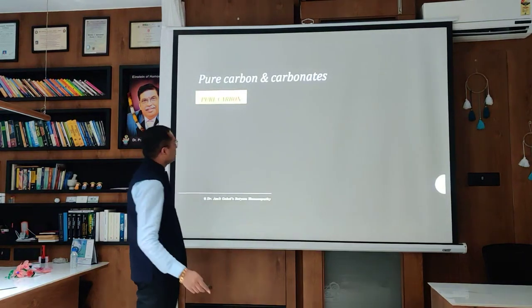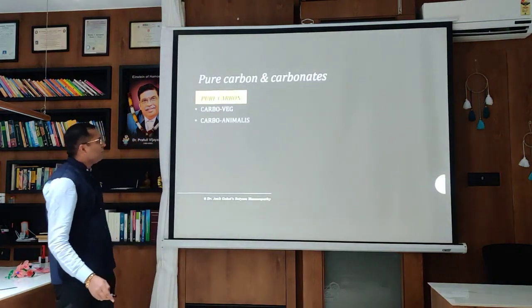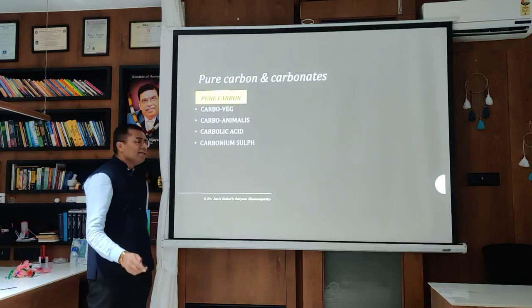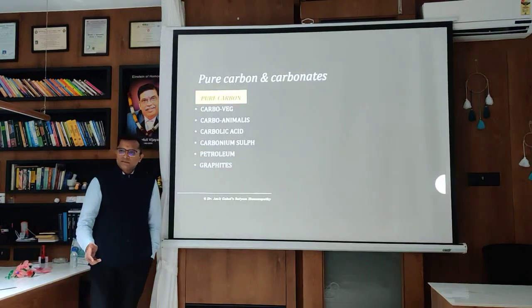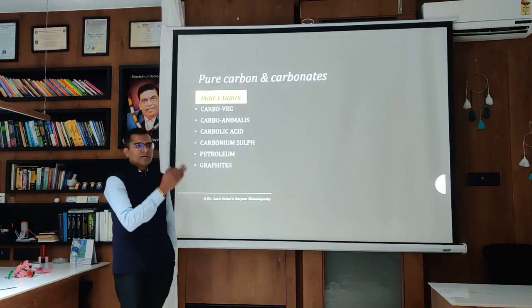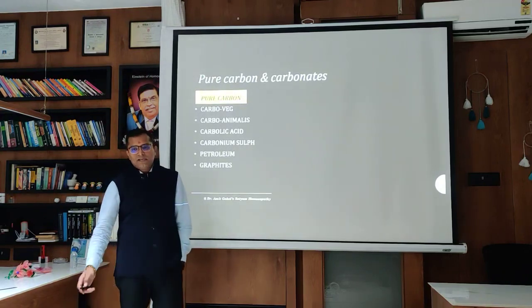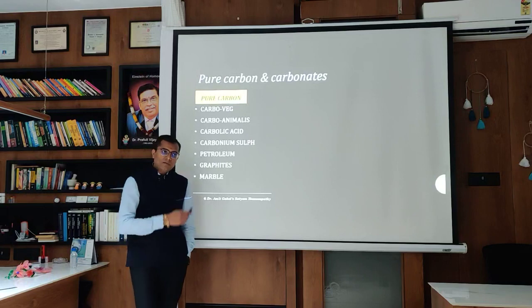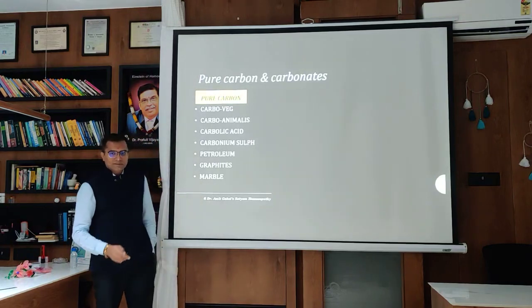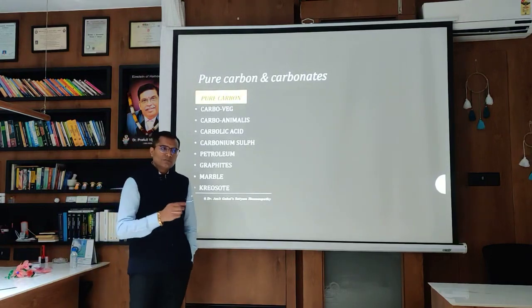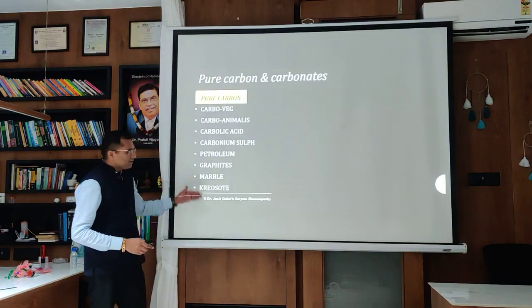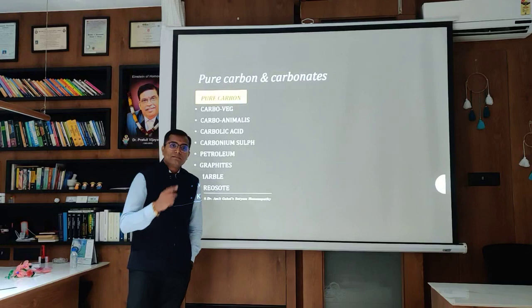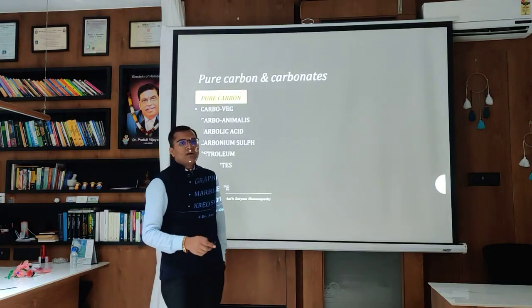As I rightly said, the pure carbon forms are CARBO-VEG, CARBO ANIMALIS, carbolic acid, carbonium sulf, petroleum and graphites. These are the pure forms of the carbon. Marble is also a pure form of carbon. Another is creosote, also a pure form of carbon. Another remedy which comes into this carbon group is called upion.